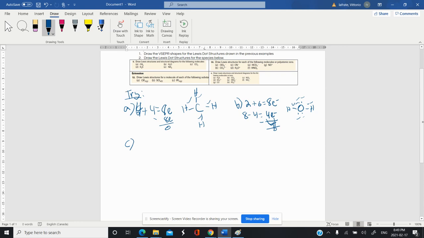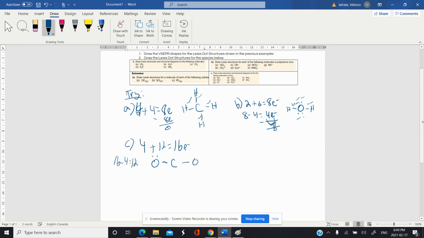So let's go to carbon dioxide. Carbon dioxide, we have 4 valence electrons plus 6 times 2 is 12, that's 16 electrons. Let's put our carbon in the middle, our oxygens on the side, on the peripheries. So what we've done is we've placed 4 electrons. So we have 16 minus 4 is 12 left to place.